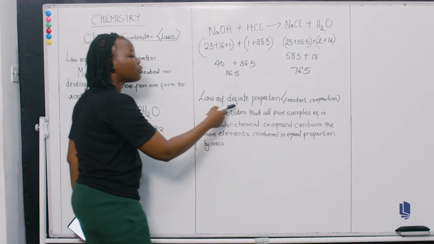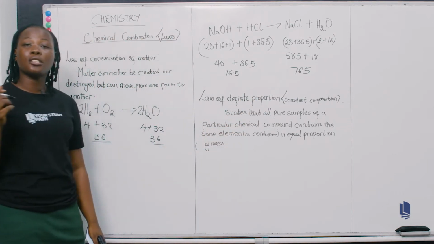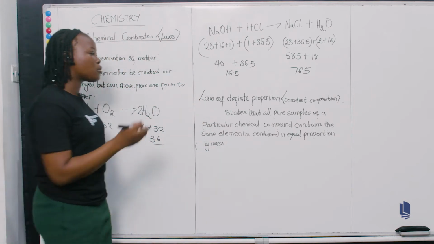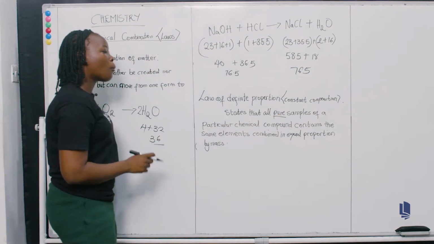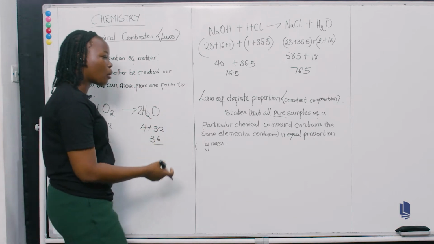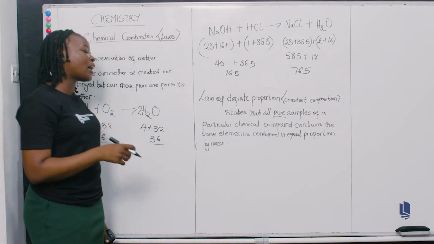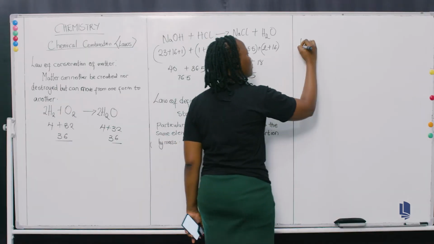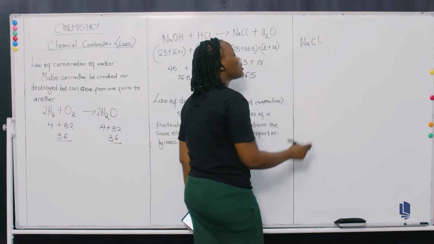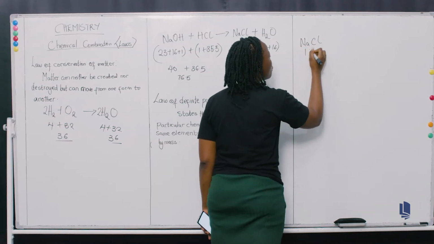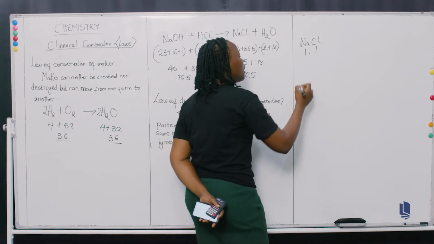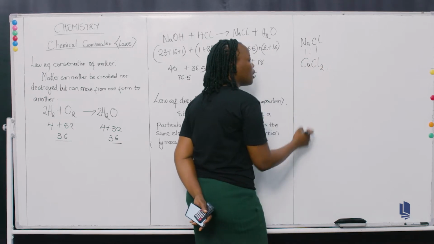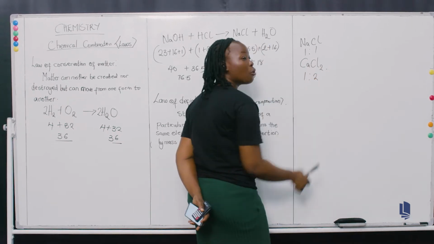That means the law of definite proportion, which can also be called the law of constant composition, states that all pure samples of a particular chemical compound, emphasis on pure, contain the same elements combined in equal proportion by mass. Let's consider this compound, NaCl. You notice for sodium it is 1:1, right? Another compound, let's say calcium chloride. This is 1:2, right?